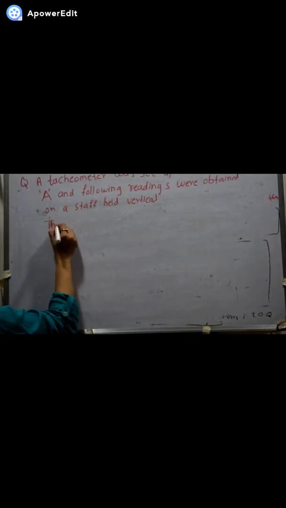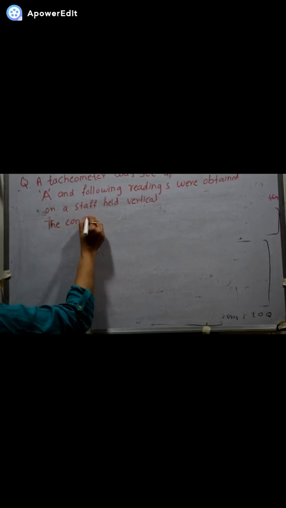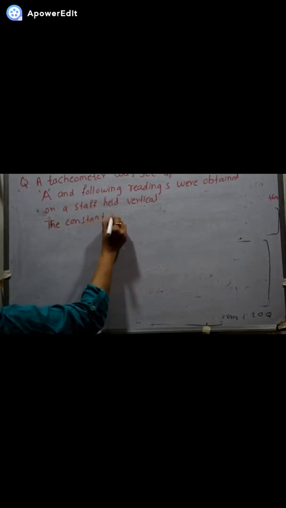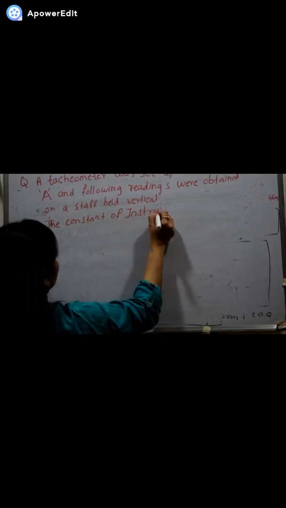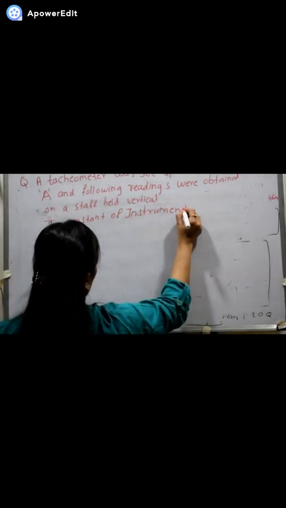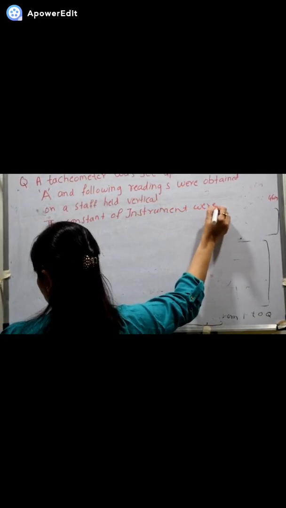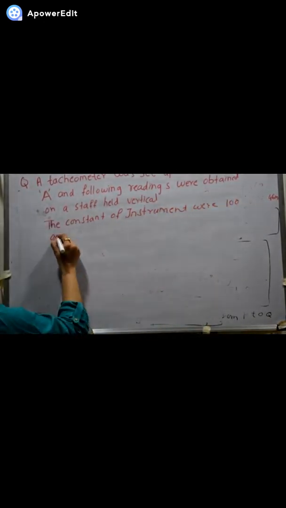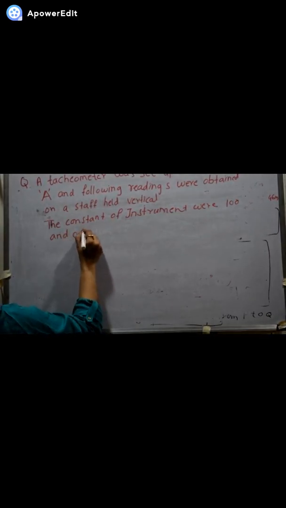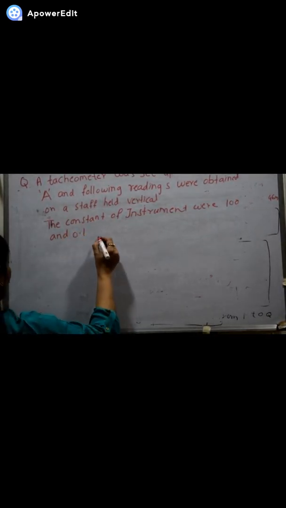The constants of the instrument were 100 and 0.1.